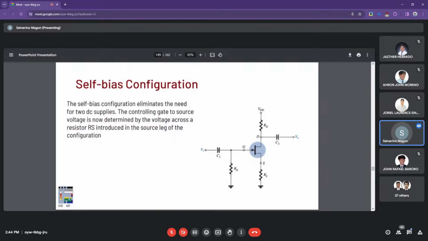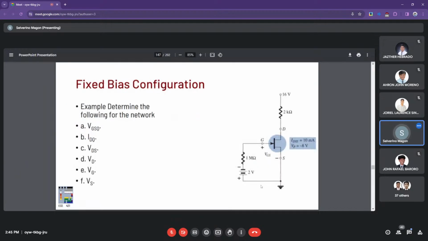All right. The self-bias configuration eliminates the need for two DC supplies, in the sense that we introduce a resistance RS here at the source connection. Let's go back to the fixed bias. Instead of having a supply here, we've eliminated the supply and just installed a resistance.